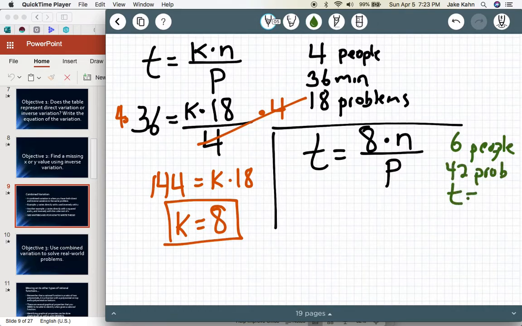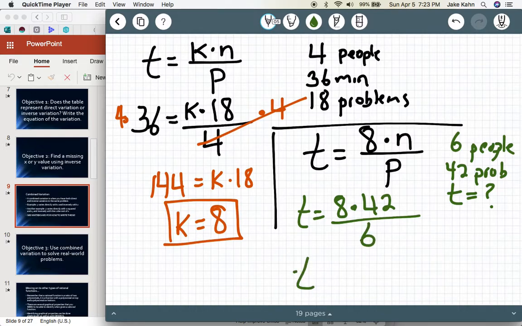So we don't know the t value. So we're solving for t now. All we have to do is plug in 6 for p and 42 for n, and then we'll arrive at our answer. T is equal to 8 times n, the number of problems, so 42, divided by p. P is 6, the number of people.